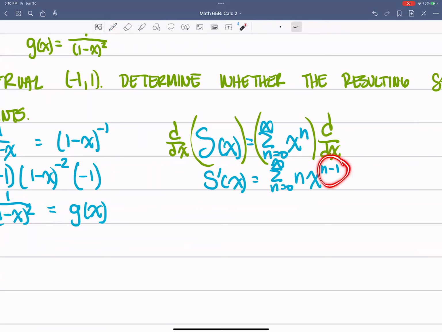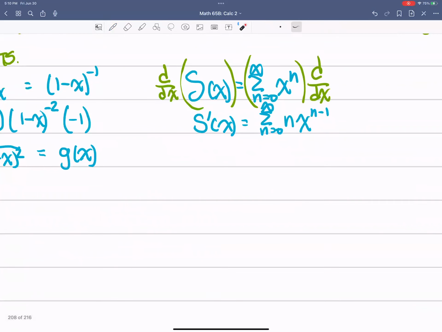I don't really like that we have that -1 there. So what we're going to do is shift this over. When we plug 0 in here, this ends up being 0. Or we could still let it start at 0 up to infinity. Let's shift this to an n plus 1, so that way we could leave this as an n. So that way when we plug 0 in, 1 is our first term. And yep, there we go.